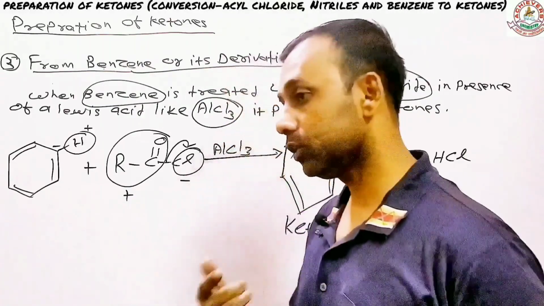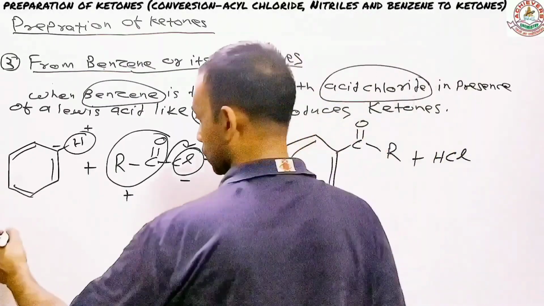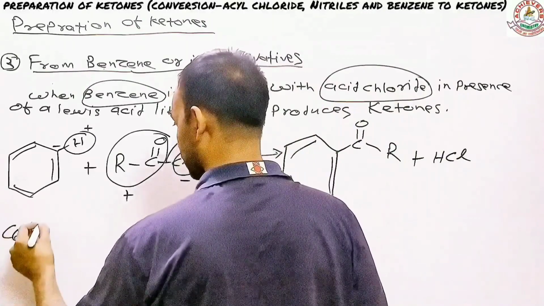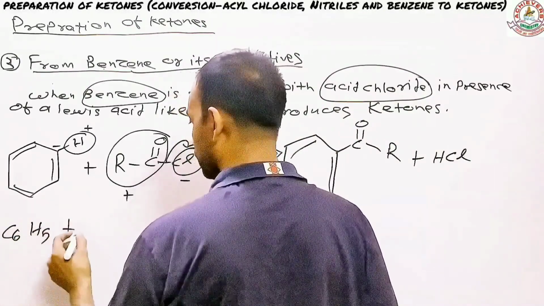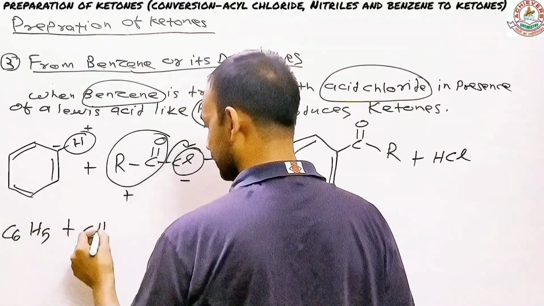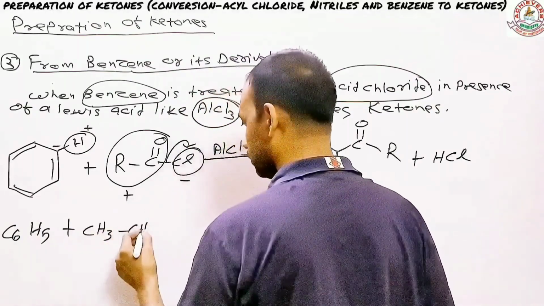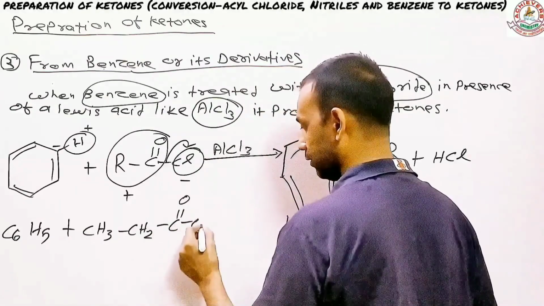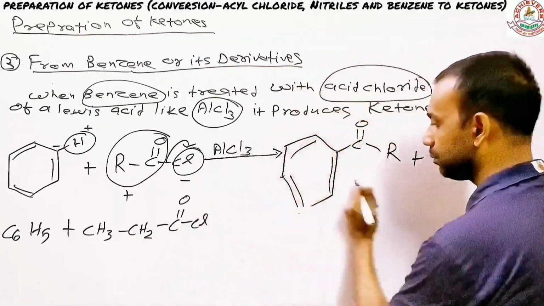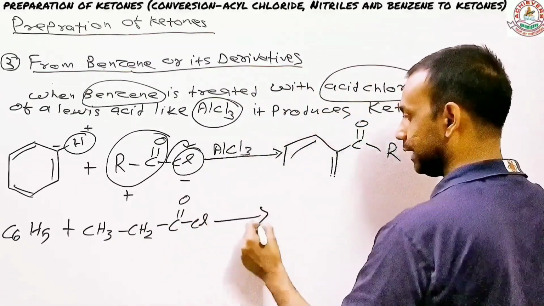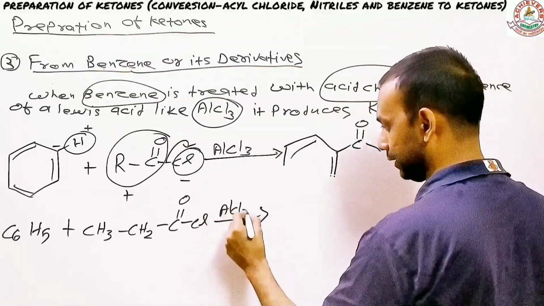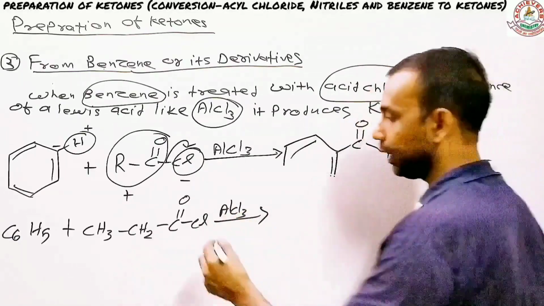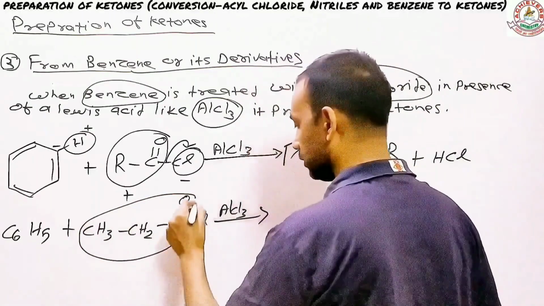In case you want to know, let me do one more example in a very quick way. So this is your benzene. When you react it with CH3, CH2 and C double bond O Cl, this reaction will take place in presence of AlCl3. I'm taking anything on a random basis. So what we have to do is cleave this bond right here.